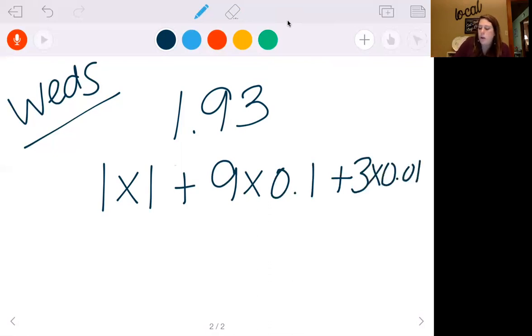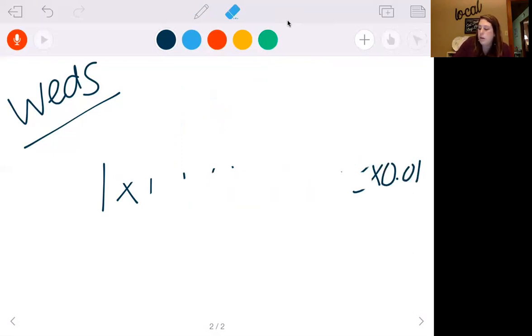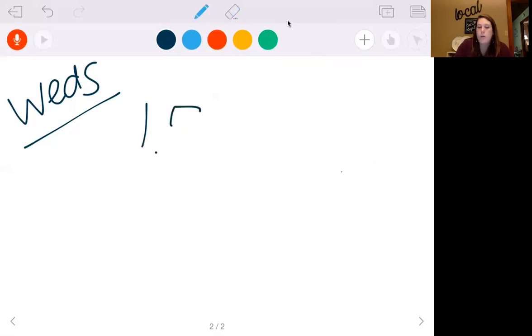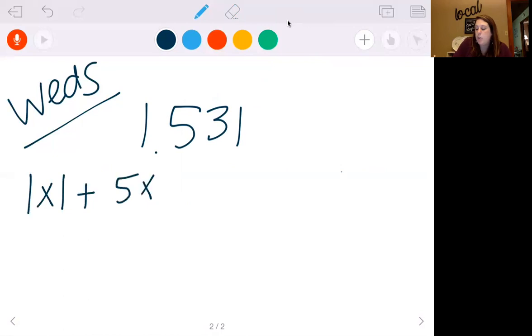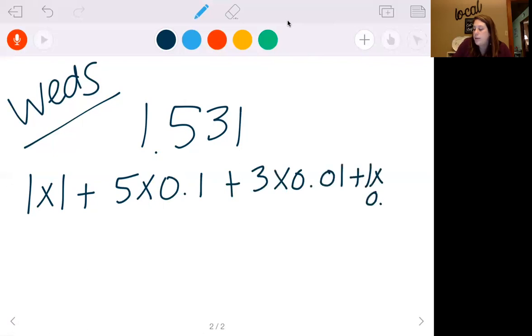Let's do one more, one like this: 1 times 1 plus 5 times 0.1 plus 3 times 0.01 plus 1 times 0.001. Take it step by step, look at each place value.